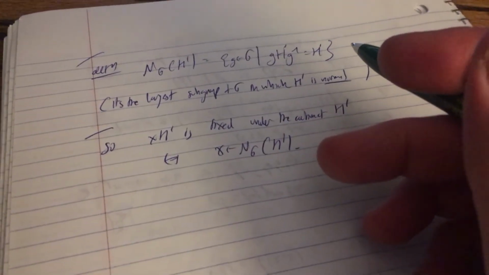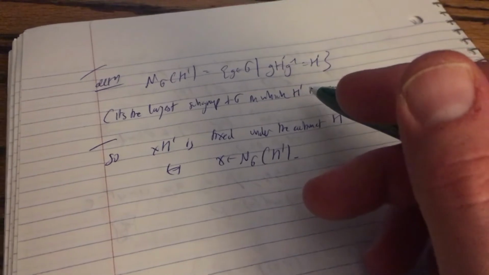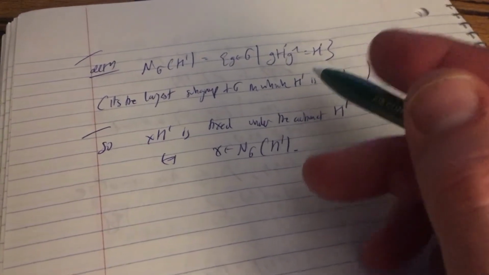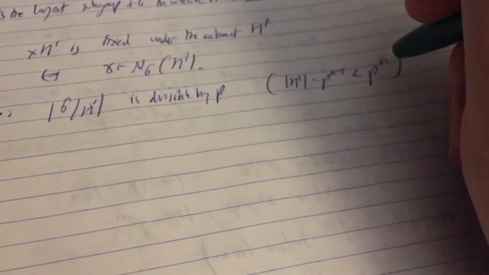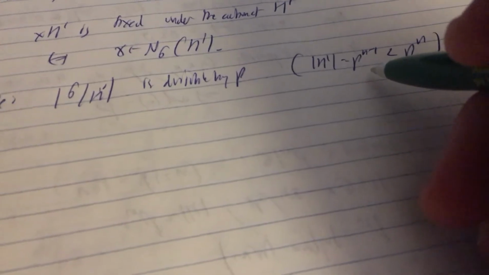So the answer is we're going to look at the action of H prime on G mod H prime. Now we note that the size of G mod H prime is divisible by p, because the size of H prime is p to the n minus 1, which is less than p to the n. We know that p to the n divides the size of G, and the size of H prime is some smaller prime power. So the quotient here is divisible by p.